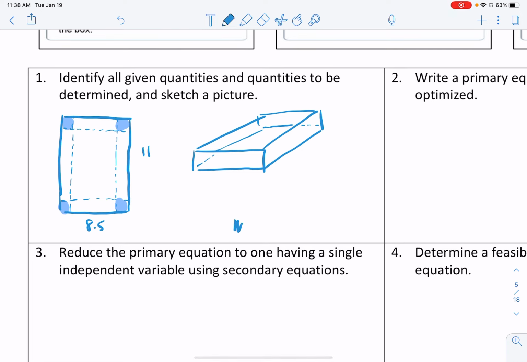Okay. All right, let's see. I've got pretty much all the quantities that were given. Oh, let's make note of this. We want max volume.